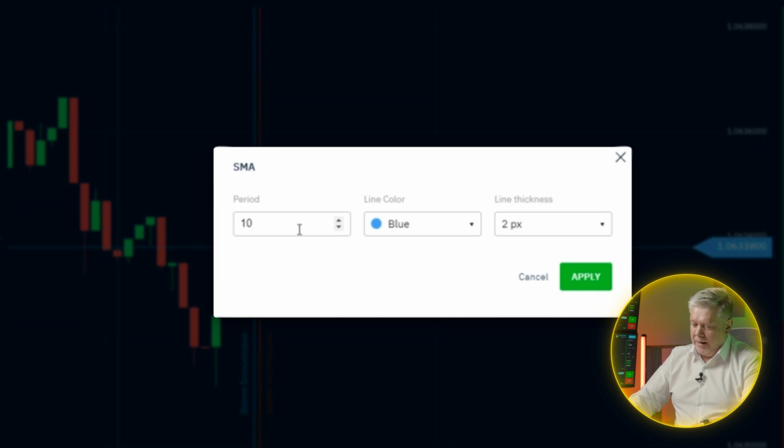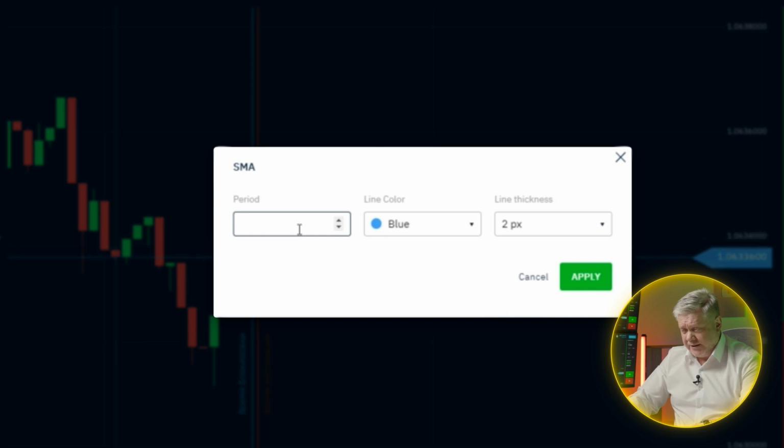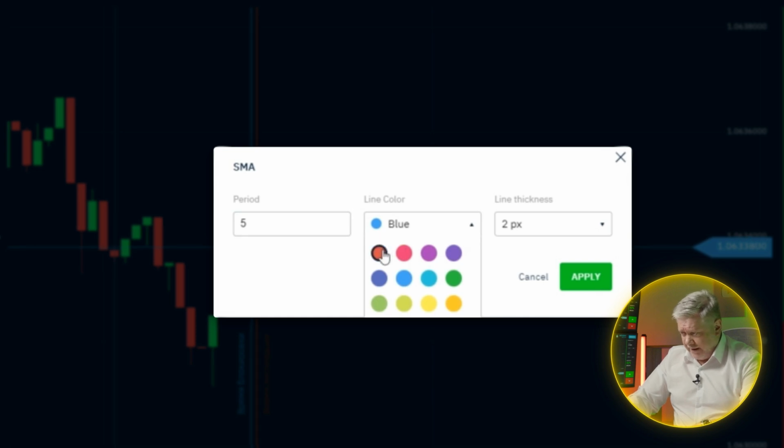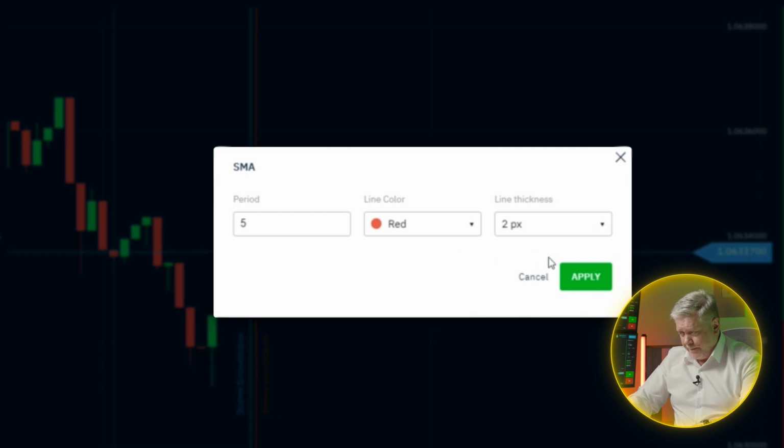The number 5 means the dynamics of this indicator during a working week of 5 days. Well, in this situation we are considering the foreign exchange market, which is not trading on weekends. Choose the color, let it be red, and click on the apply button.